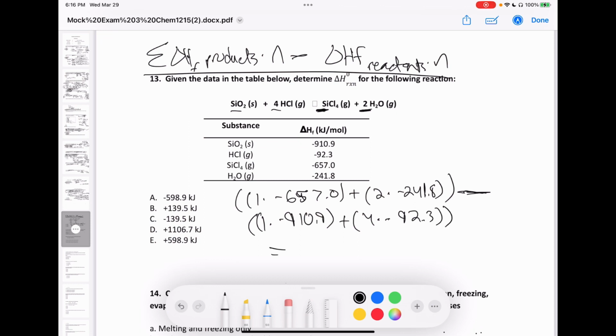And then we can write these out both individually for products and reactants. So it's going to be negative 657 minus 2 times 241.8.